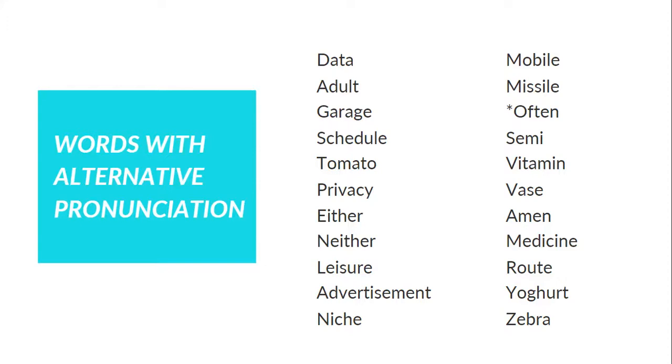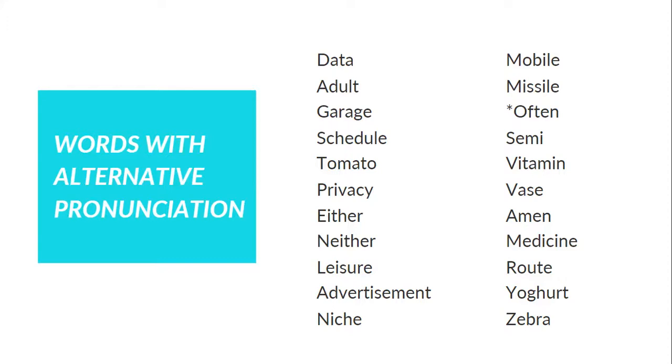Then vase for British, and you could have vase, vase, or vase in American English. For this word, it's either you say amen or amen. Either way, whether British or American, well, amen, amen. Then medicine with just 2 syllables in British. Sometimes you also get medicine, but Americans do more of medicine, so with the 3 syllables.